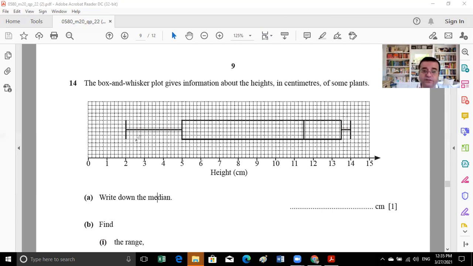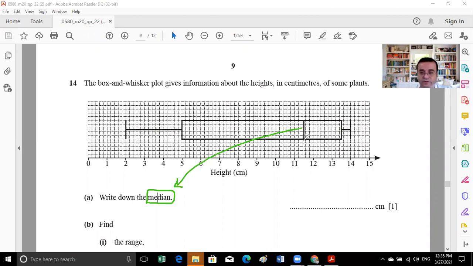This one we call it, students, box and whiskers plot. So the median here, students. Correct. Thank you, Muhammad. Erase what you have done. The median represents this line always.